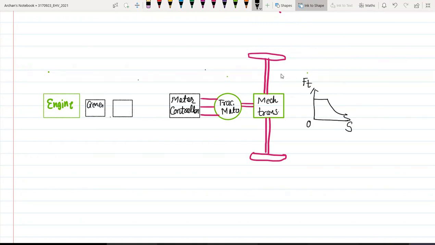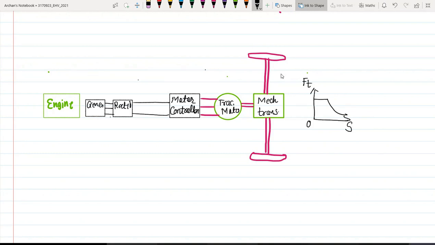Suppose this generator produces AC supply and my motor is DC, then in that case we should require a rectifier. So this is one powertrain which we have developed. Let us try to connect this powertrain. It is connected in this particular fashion.